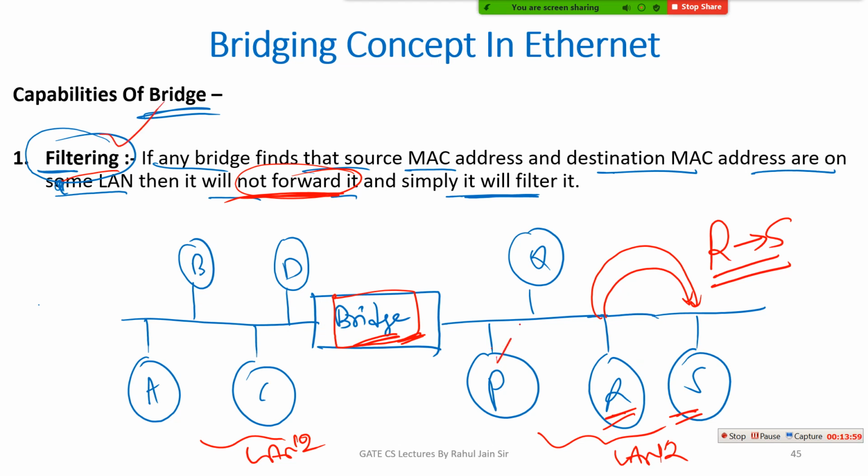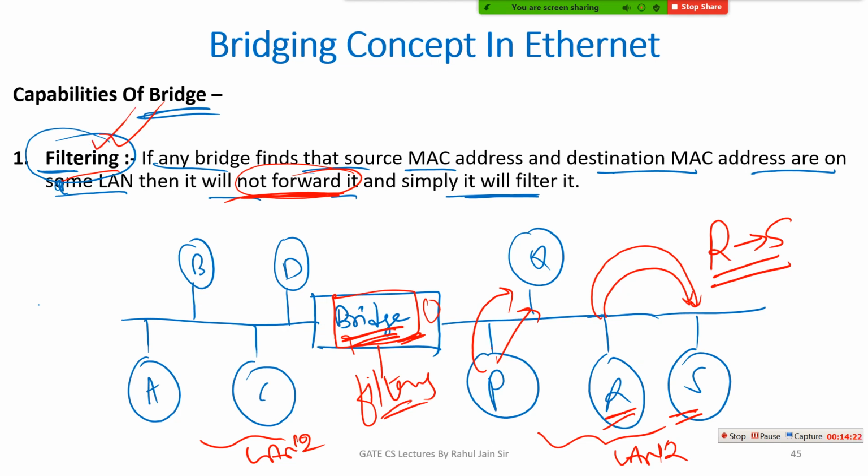Suppose P wants to send data to Q, then the data will not get stored in the bridge, it will not be forwarded to the bridge, because the bridge has the capability of filtering. That is why P will directly send data to Q without entries in the bridge, without forwarding the data to the bridge, due to the property of filtering.